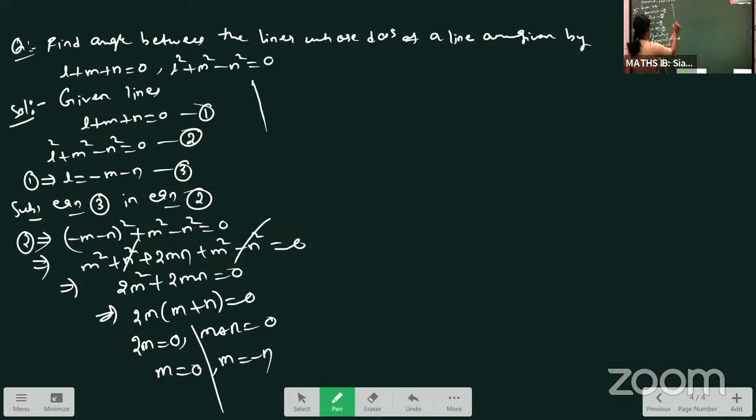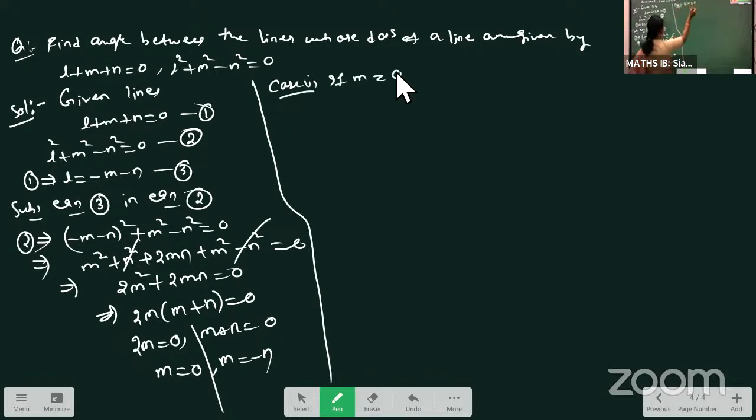Case 1. If m is equal to 0, where to substitute the m value? In equation 3. What is our equation 3? l is equal to minus m minus n. Minus m is 0, minus n. Therefore, what is l? Minus n. Now, therefore, the DRs of a line.